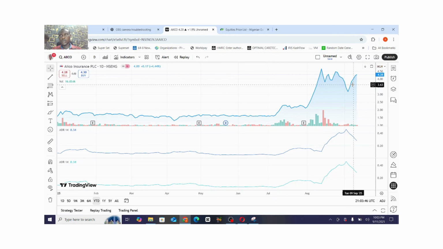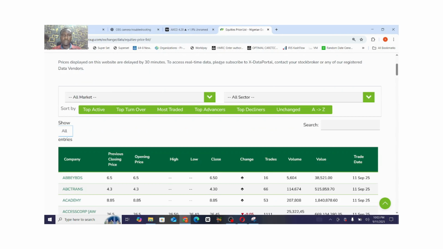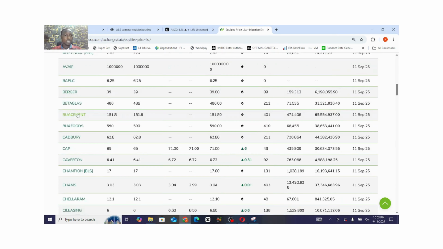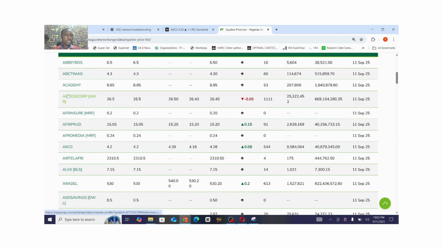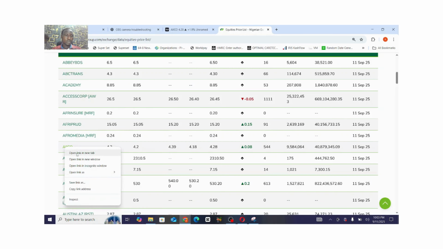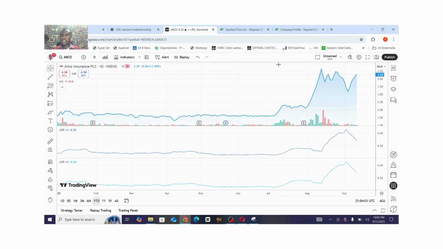So when they just see that this stock is doing very, very well, they just go and say, let me buy because this is the season. But they really will not take their time to check whether it will go up or it will go down. So this is just technical analysis. I will not advise anyone to make a decision based wholly on technical analysis.